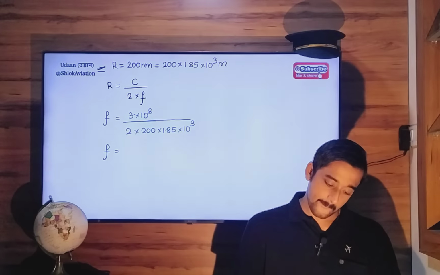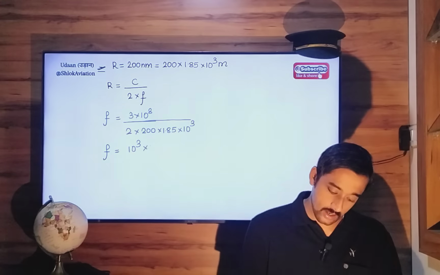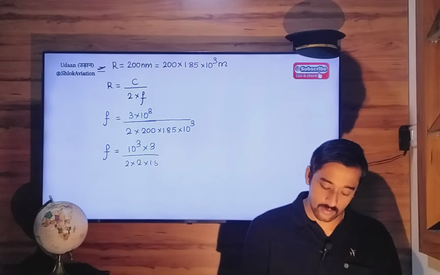Frequency will be 10 raised to 3 into 3 divided by 2 into 1.85.